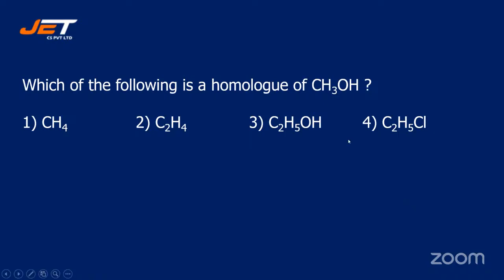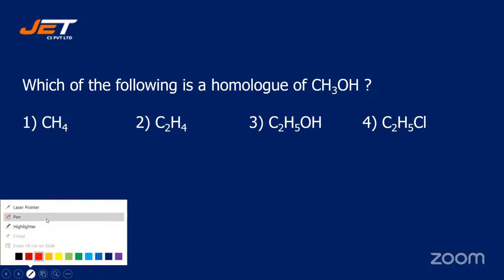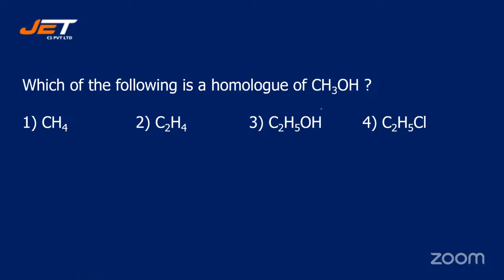Students, as you know, in the question there is given one alcohol, that is CH3OH. So the correct answer will be C2H5OH. As we know, a homologue differs by a CH2 group, right? In the question, there is one carbon and three hydrogens.